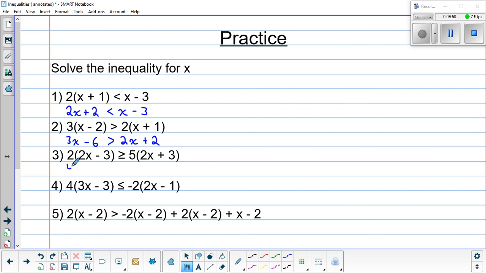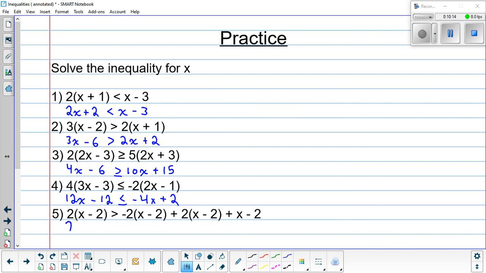Next one, we get 4x minus 6 is greater than or equal to 10x plus 15. Then we have 12x minus 12 is less than or equal to negative 4x plus 2. Watch out for those signs on the negative outside of your bracket.